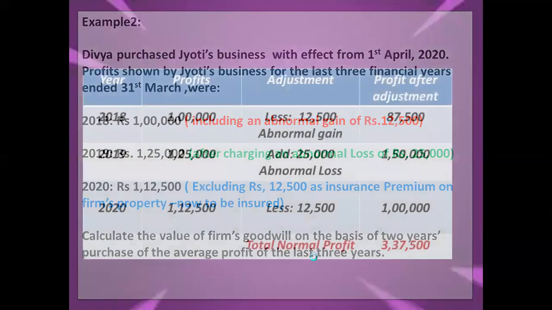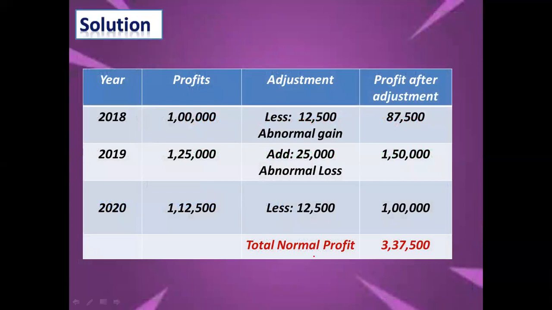Let's check the table. Again we have made this table: 2018, 19, 20. Then we have written the profit which is given to us: 1 lakh, 1,25,000 and 1,12,500. And now we will do the adjustments. The abnormal gain has to be deducted because a loss has to be added, so this gain of 12,500 will be deducted, and this comes to 87,500.